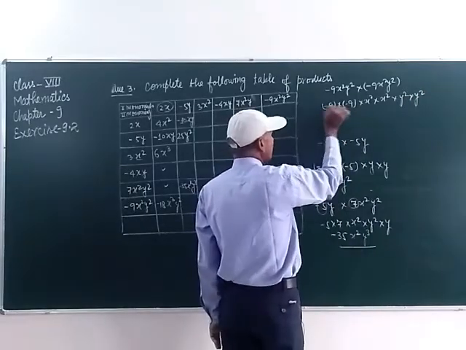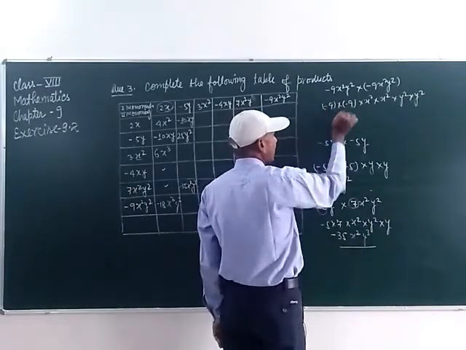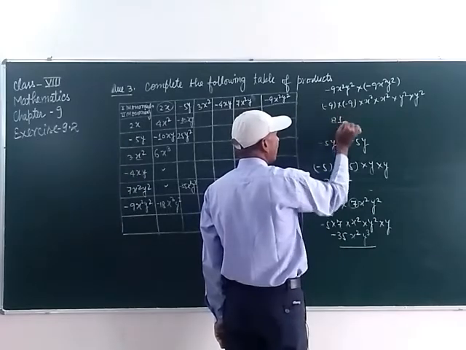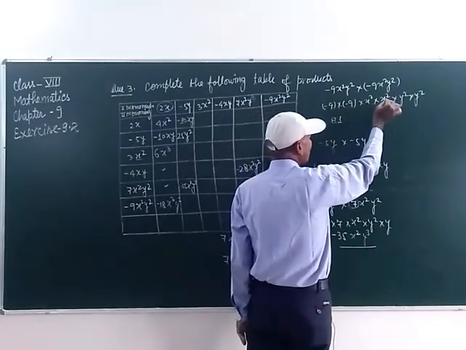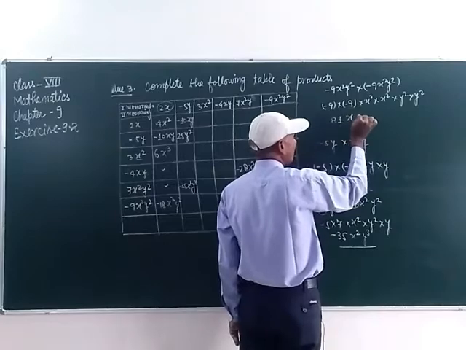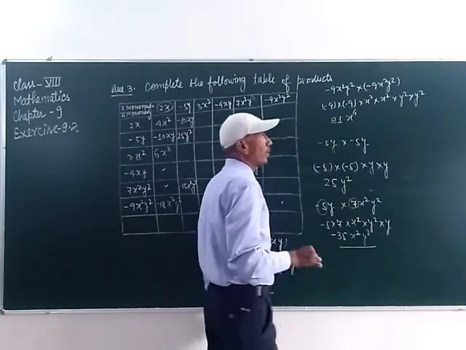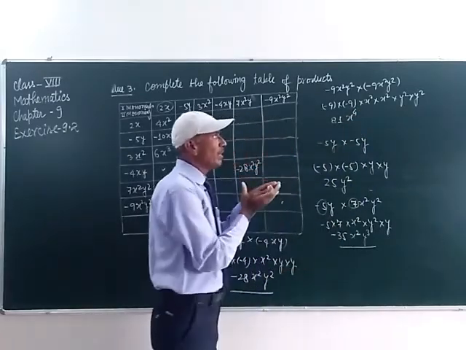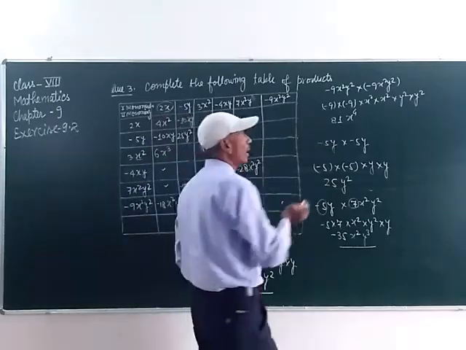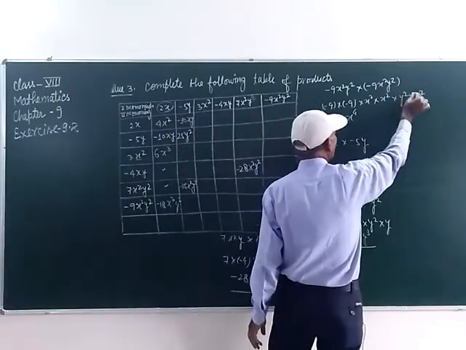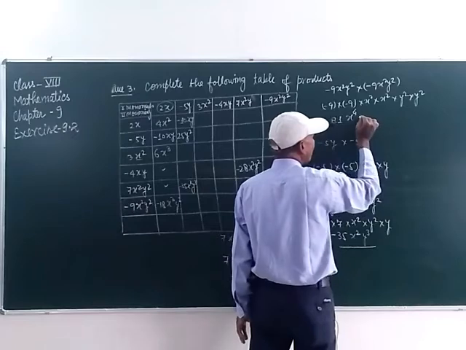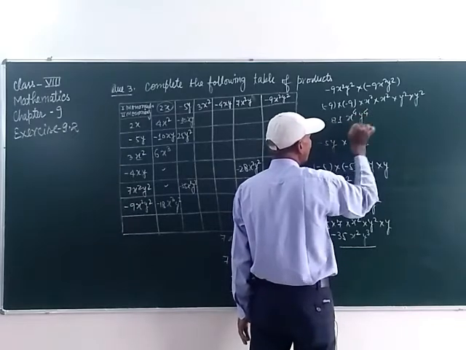So minus into minus will be plus. 9 9s are 81. X to the power 2 into x to the power 2 will be x to the power 4. Exponents will be added, student. And this one y to the power 2 into y to the power 2 will be y to the power 4.